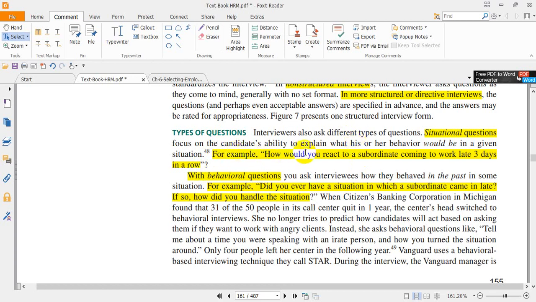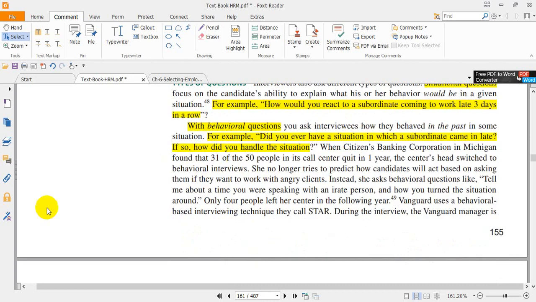The types of questions are 3 types: situational, behavioral, and knowledge and experience questions. In the behavioral questions, you ask interviewees how they behaved in the past in some situations. For example, did you ever have a situation in which a subordinate came in late? If so, how did you handle the situation?